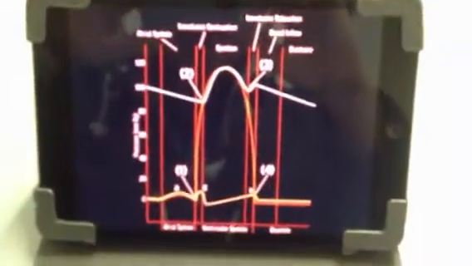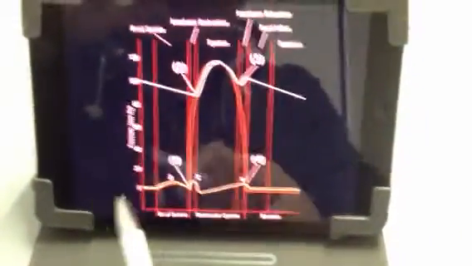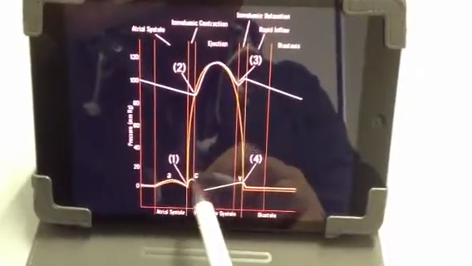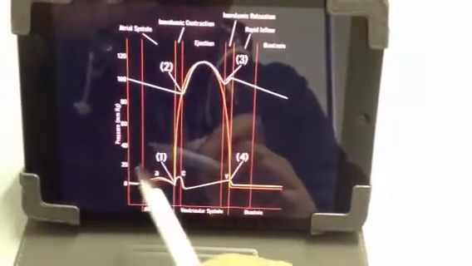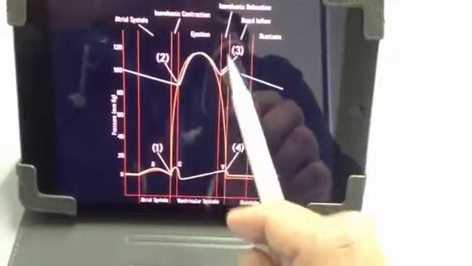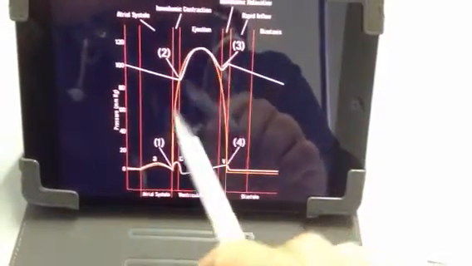Basically, before I go about answering the question, I think it's better if we go through the general concept of JVP. So this is a graph. Alright, this is the atrial graph. This large graph here is the left ventricular pressure.